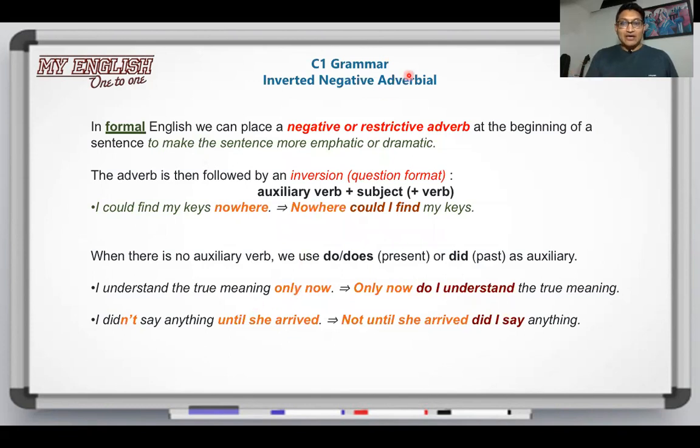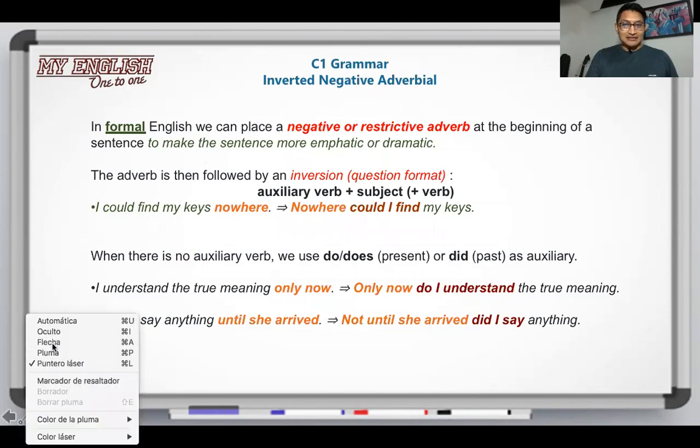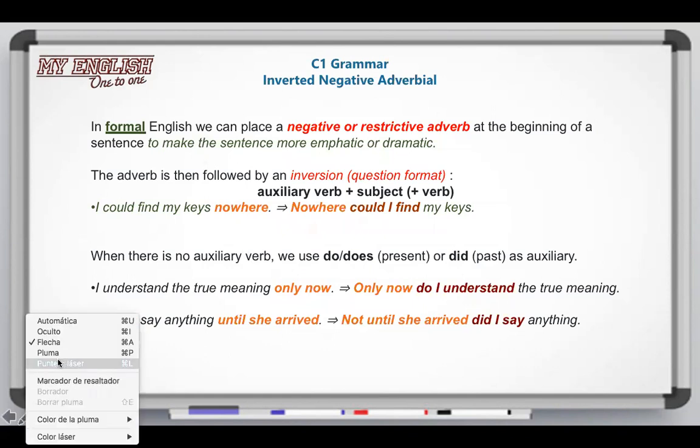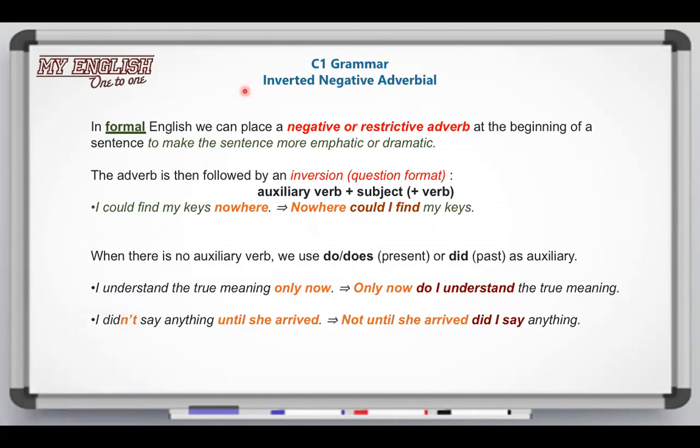So let's see what this class tells us. Inverted negative adverbial. In formal English, we can place a negative or restrictive adverb at the beginning of a sentence to make the sentence more emphatic or dramatic.